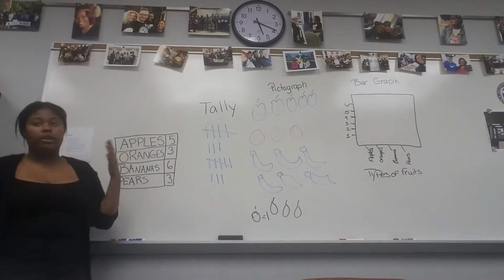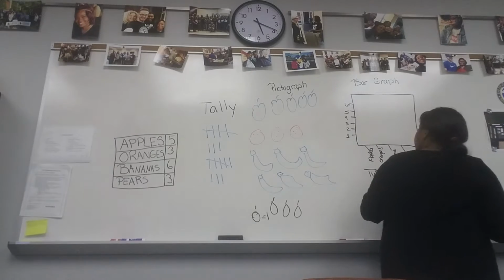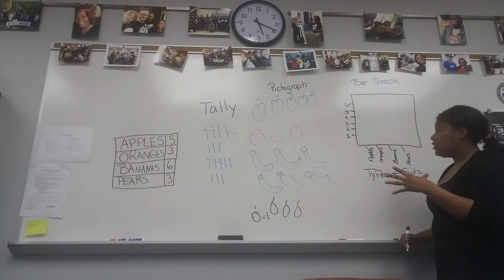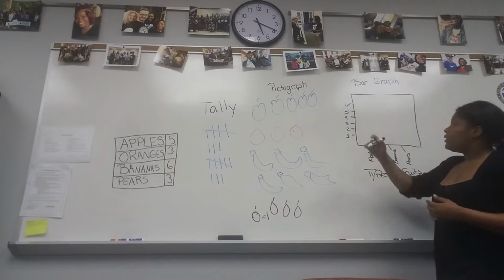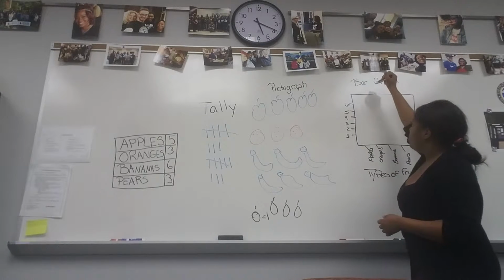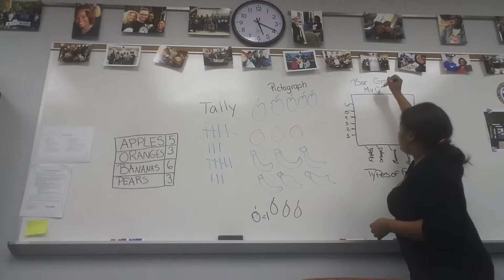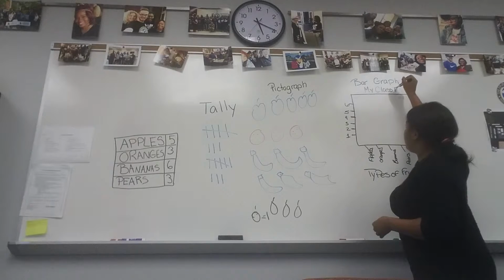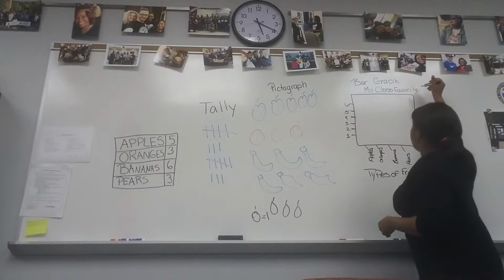Next we're going to be learning about bar graphs. In our bar graph, we first start with labeling the graph. You always want to have a title. So you can title it my class favorite fruit.